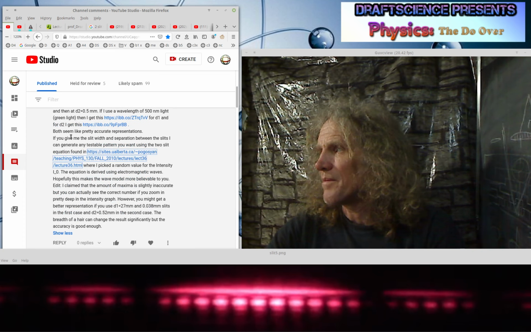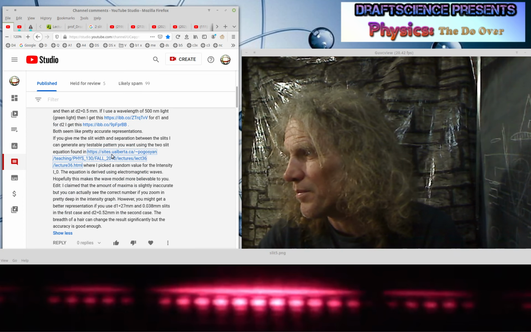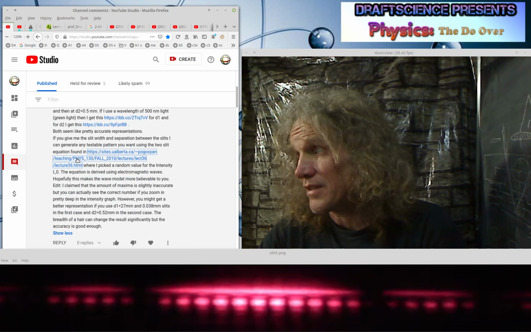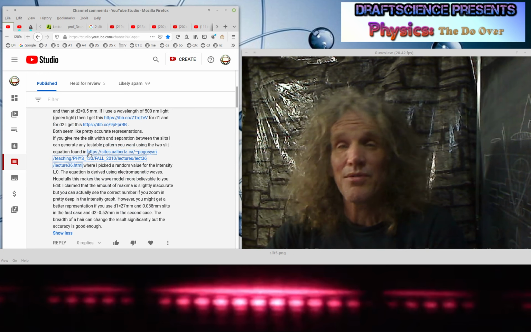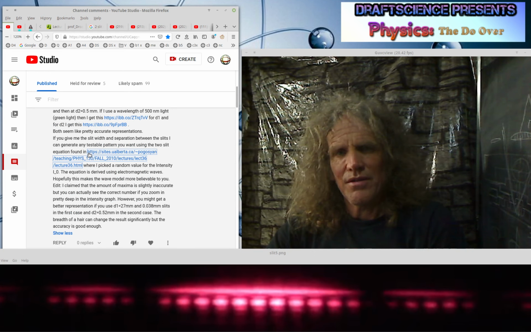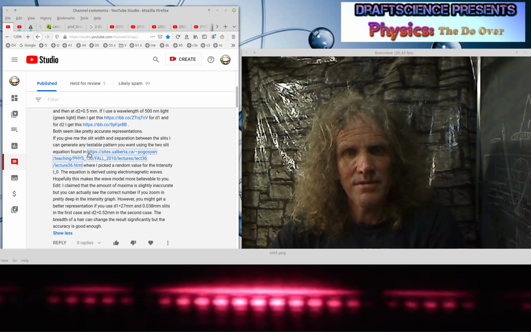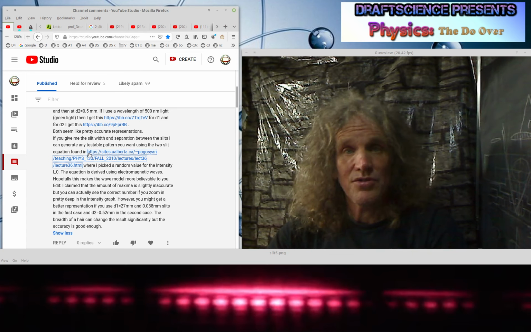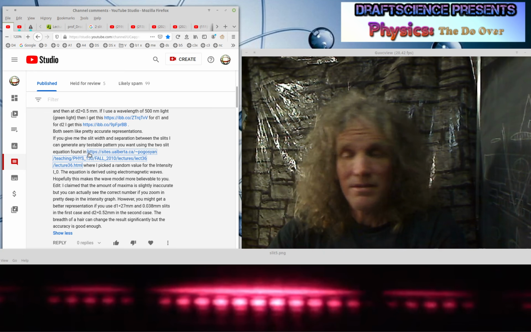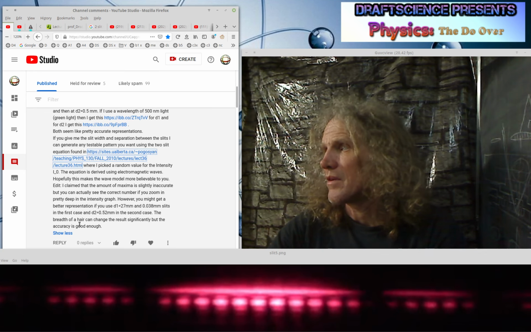Let's just finish up. Okay, testable pattern using the two-slit explanation equation found here. So again, you won't concede that that's not how they teach it. This isn't what they teach because they can't draw that because it doesn't work. Okay.